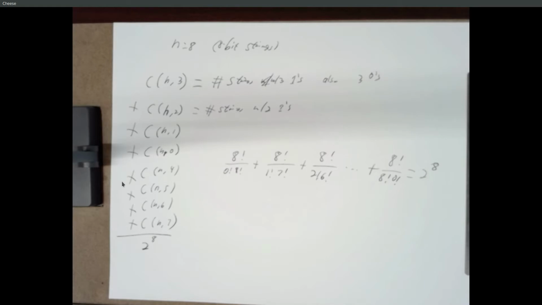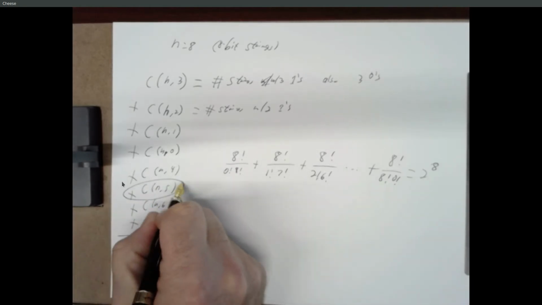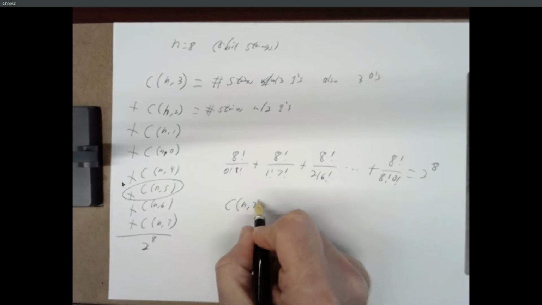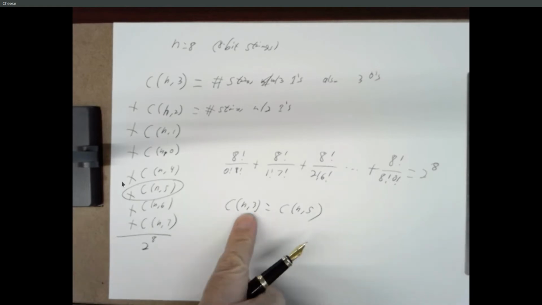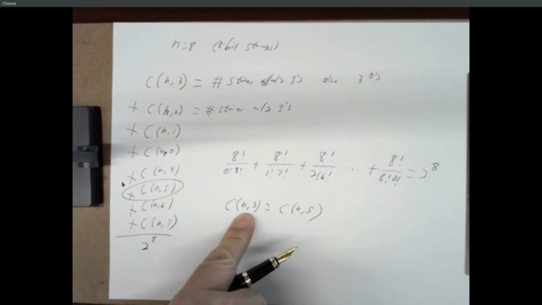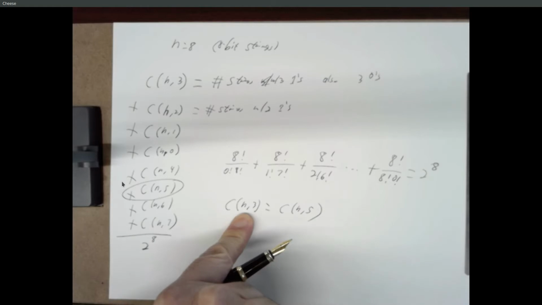But if a string contains 3 zeros, how many ones does it contain? It's an 8-bit string, so it's got 5. So we've just shown that C of n3 equals C of n5. But doesn't one of them have to be 0 and one of them have to be 1? Yeah, but this is the number of strings containing 3 ones. But it's also the number of strings containing 3 zeros, which means it's the number of strings containing 5 ones.